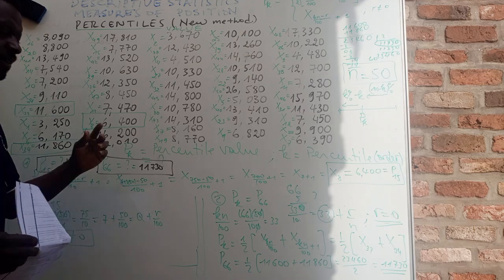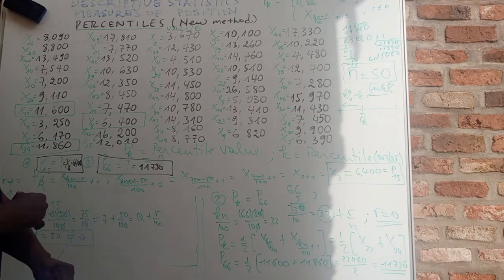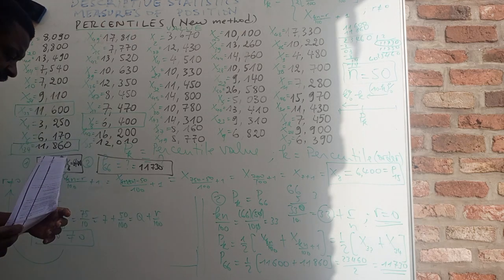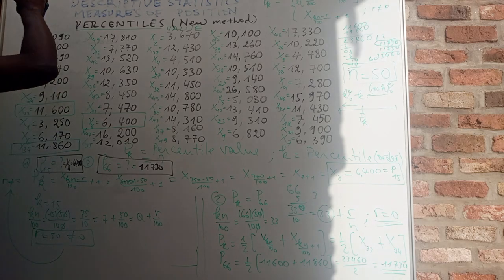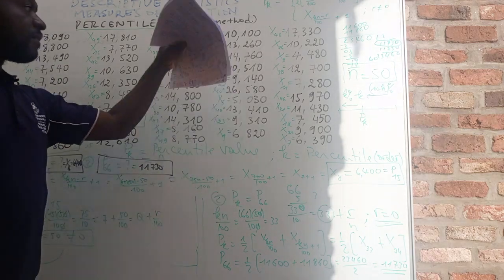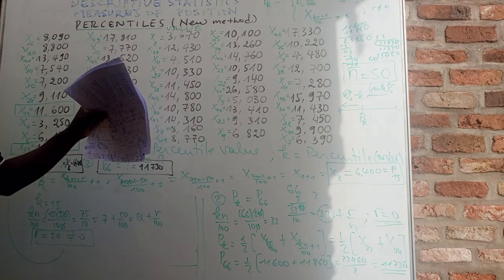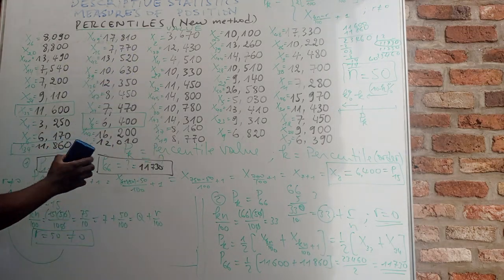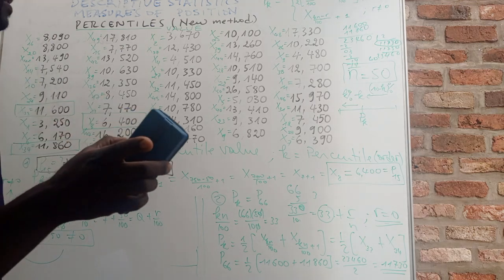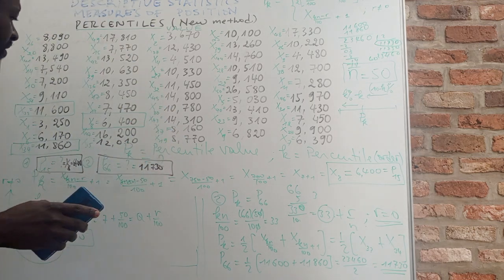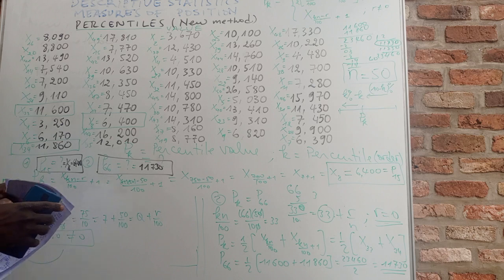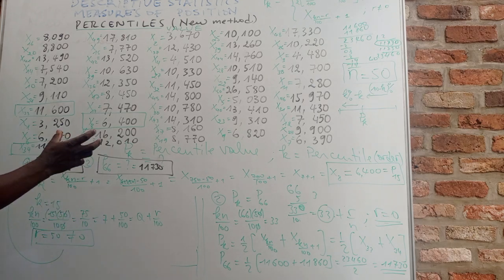Okay, so our next video on percentiles once again. We still have our univariate distribution with us. As I told you in the last video, we're going to be talking about the reverse now.